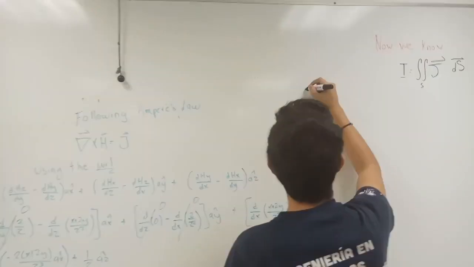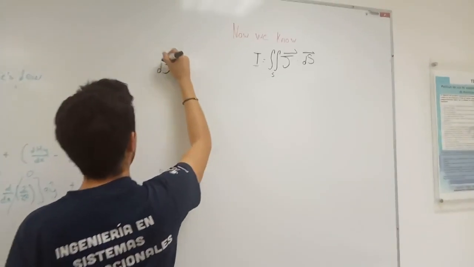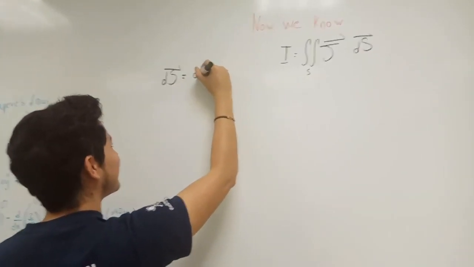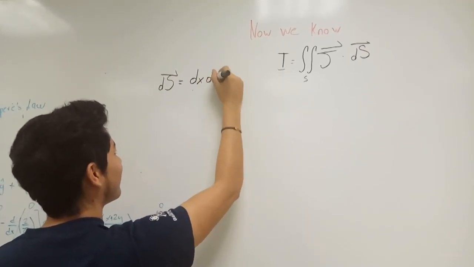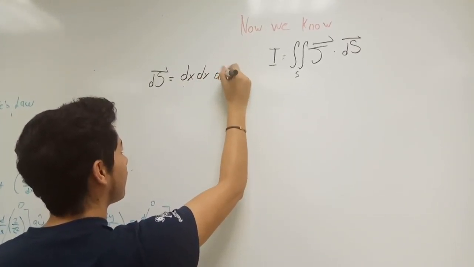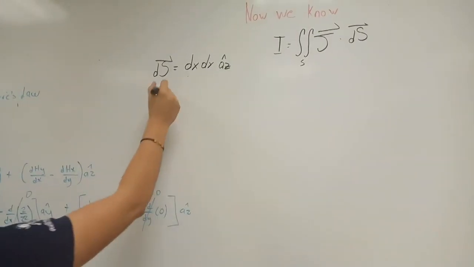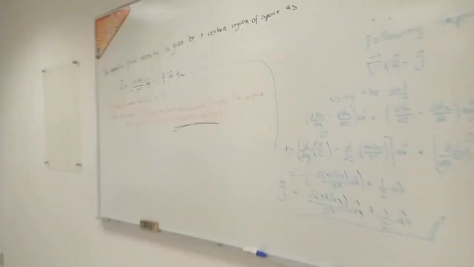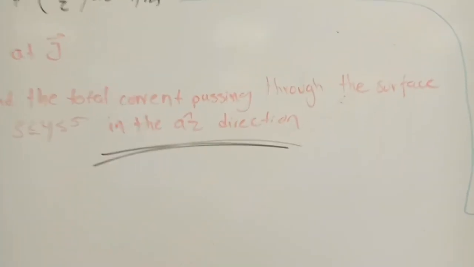The way of doing this is using a double integral of the current density that we found before, multiplying it with the dS in the az direction. In this case, dS is equal to dx dy in the az direction. But why in the az direction? Because the problem specifies that we need to find the result in that direction.